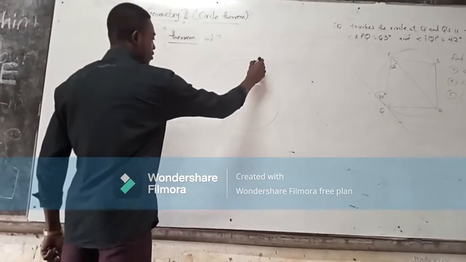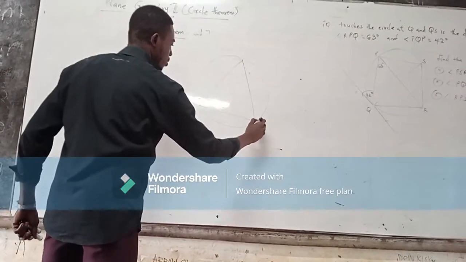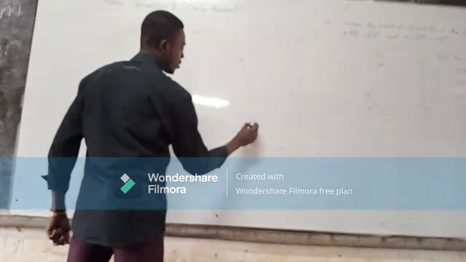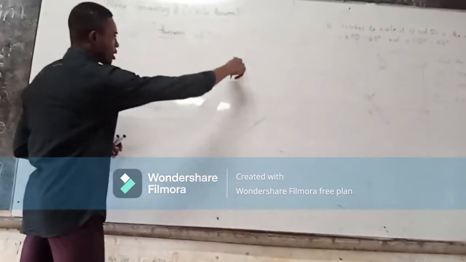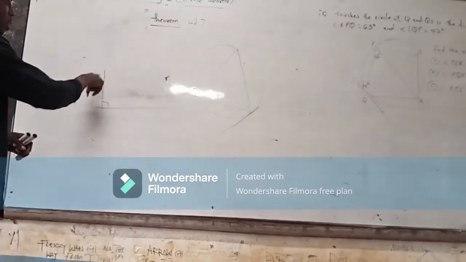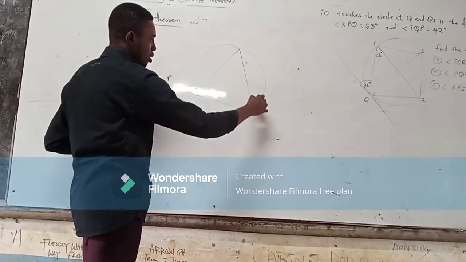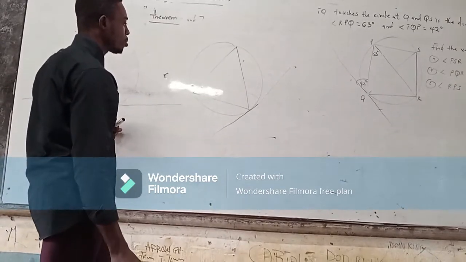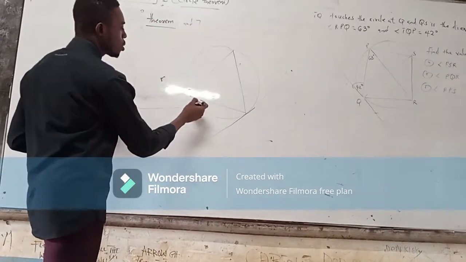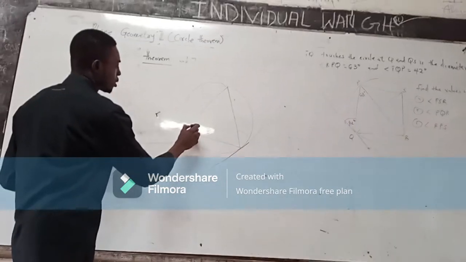this time around it is not a radius again. When a tangent is meeting a chord, the angle formed here has an equal alternate angle with this one.